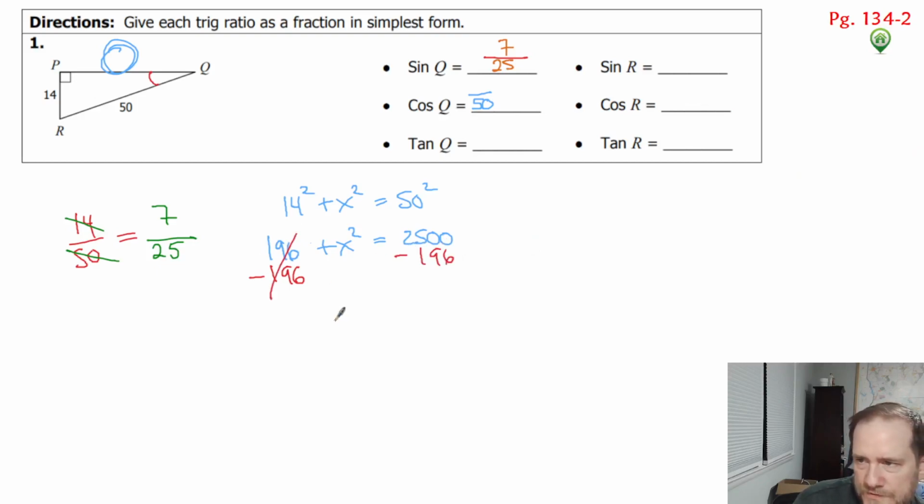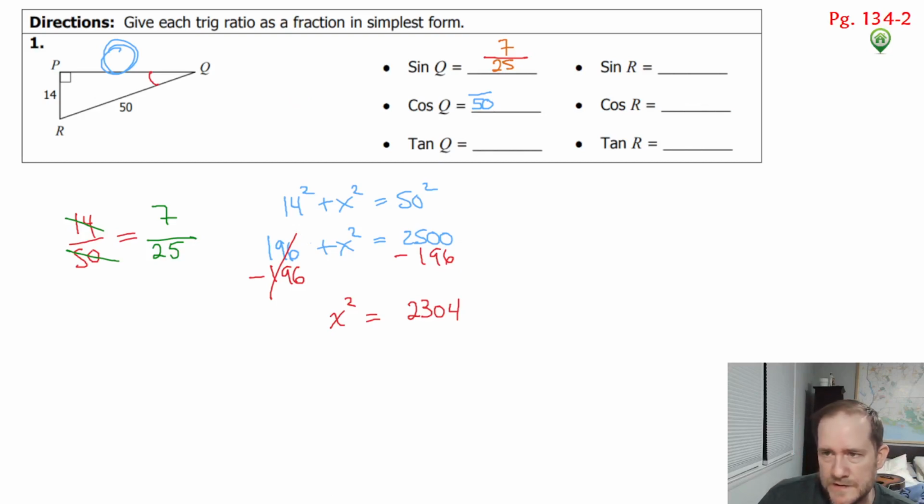So that cancels, and I now have an x squared that equals, what am I doing? Taking away 200, so 2304. And I've got a good idea that I think this comes out to be exact.